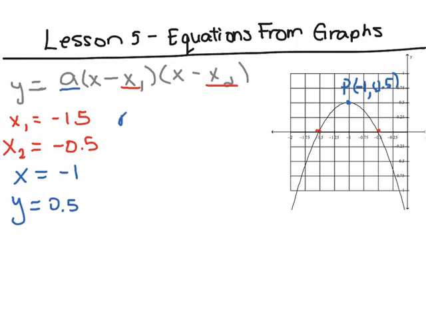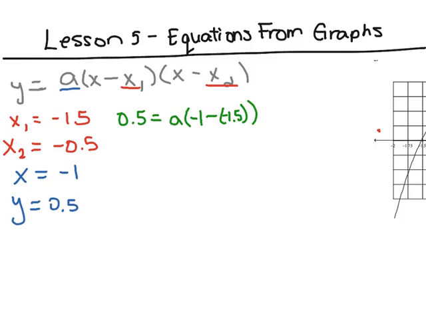So we have 0.5 is equal to a, our x is negative 1 minus negative 1.5, times x minus negative 0.5. And now we're going to simplify and solve for a.